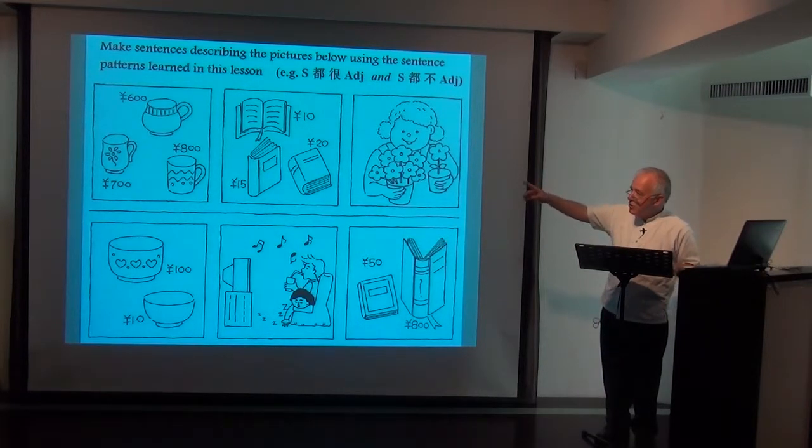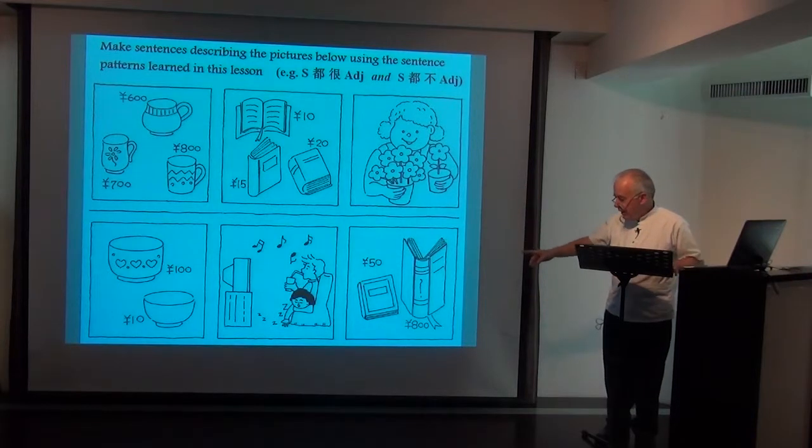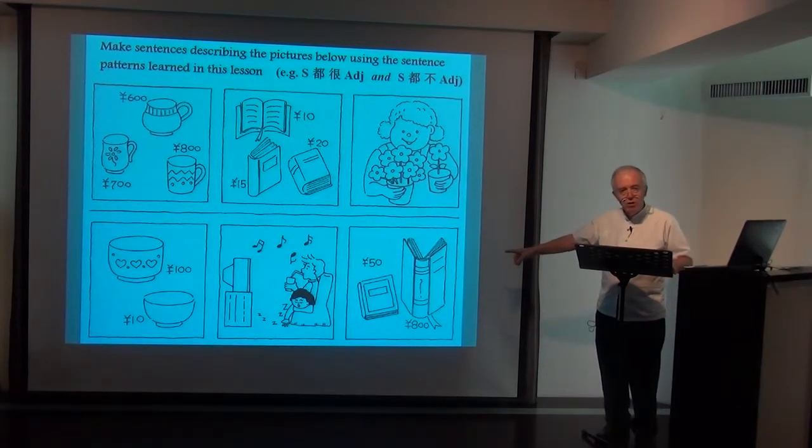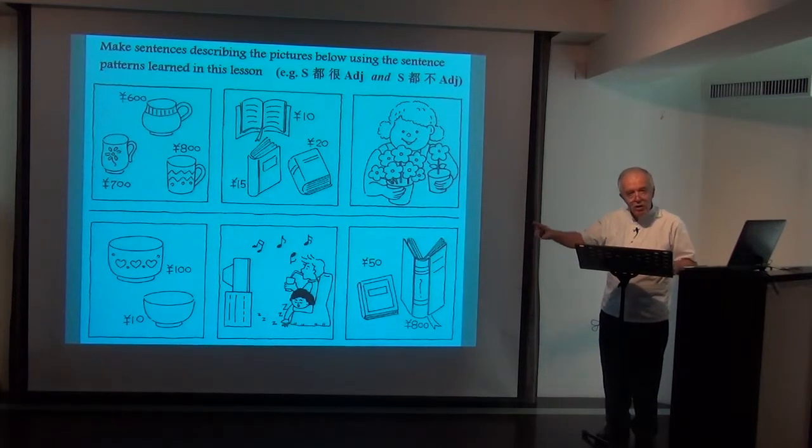Or here, 这些书都很便宜. Here, pointing to the $800 one, 这本书贵, meaning the other one is not so expensive. Where if you said 这本书很贵, you're not comparing anything at all.